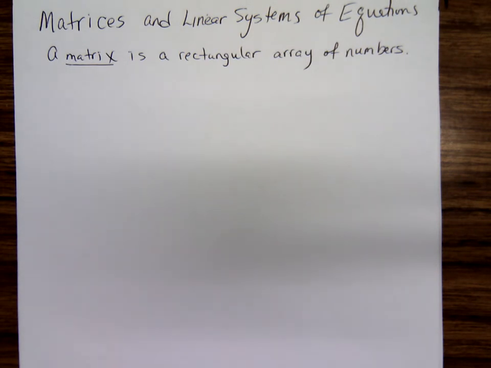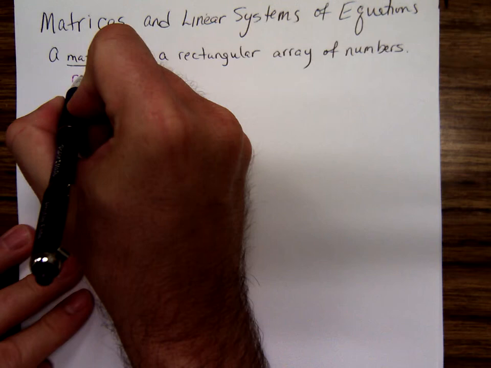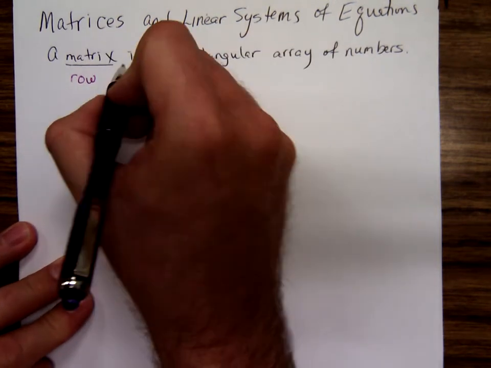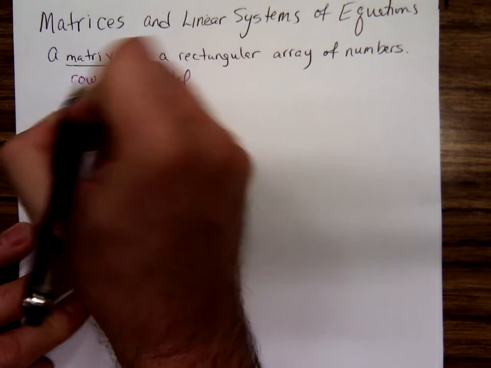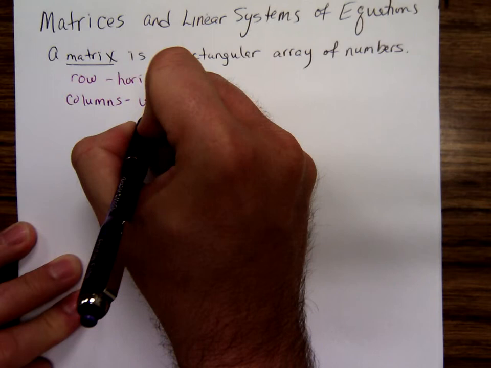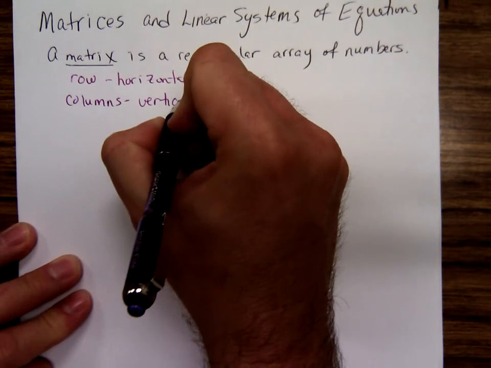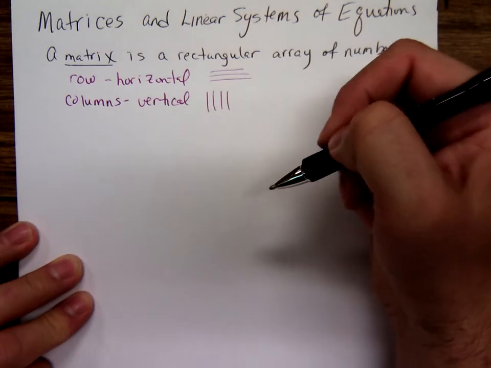With the matrix, we have rows and columns. Row, when I use that, I'm referring to horizontal, and columns are vertical. Okay, so rows are horizontal, columns are vertical.